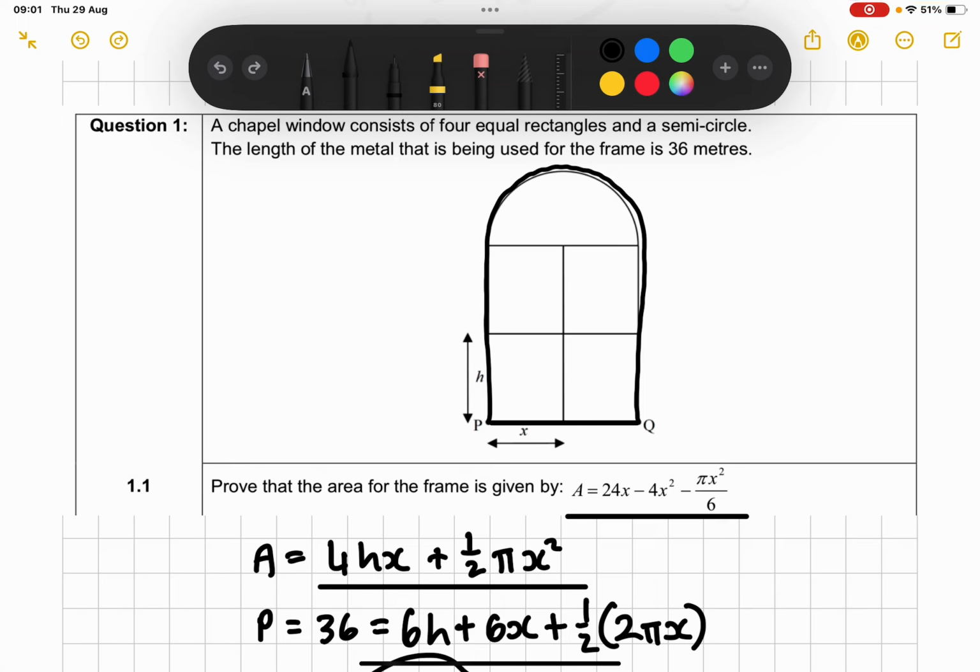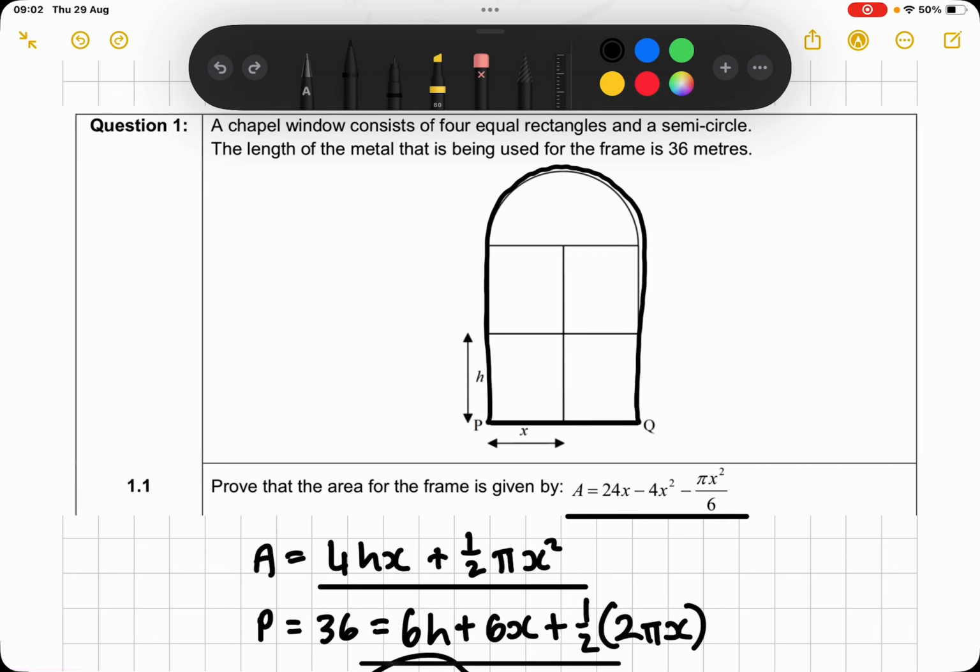But if your x is smaller, your h can be bigger, because the area of this window will increase or decrease, but you're limited by your frame, so you only have 36 meters of framing. So if your x gets smaller, your h gets bigger. If your h gets bigger, your x will have to get smaller to compensate.